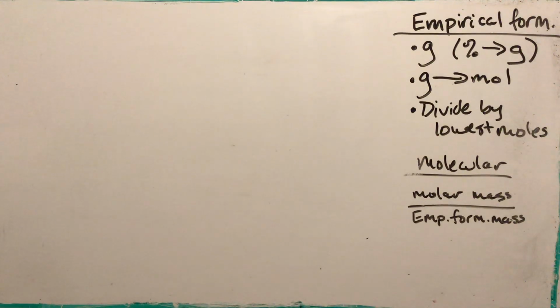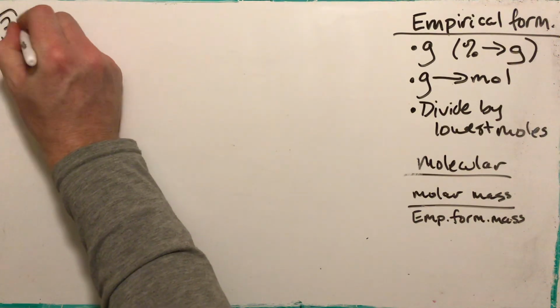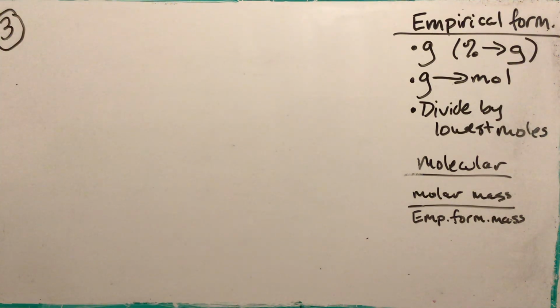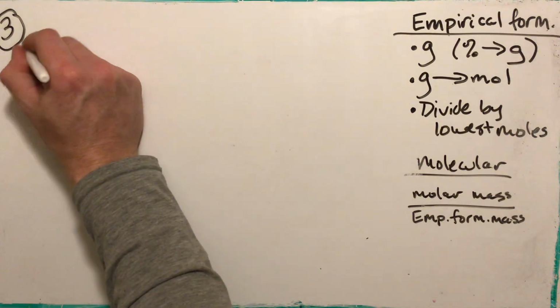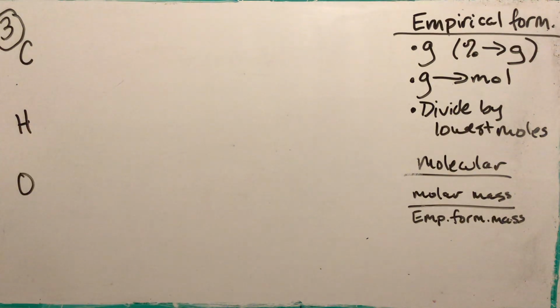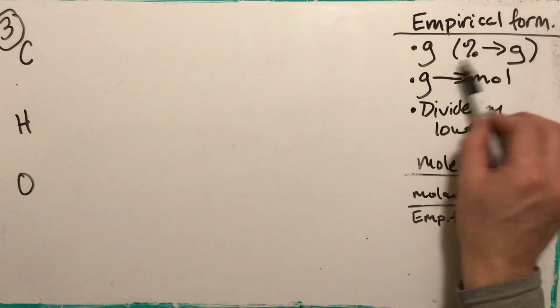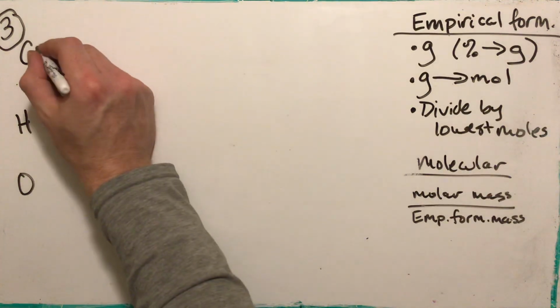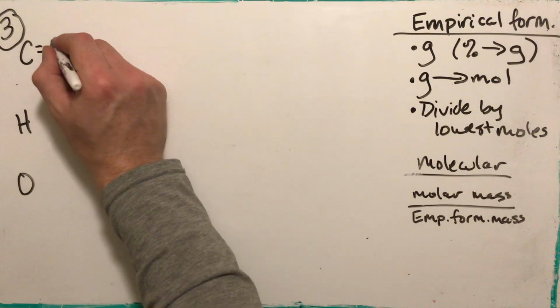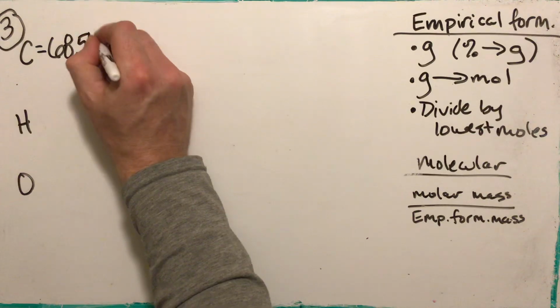All right, number 3 had 3 elements: carbon, hydrogen, and oxygen. And this was another one where it gave percent composition. So I'm just going to simply turn my percents into grams. So carbon was 68.53, or sorry, 54.